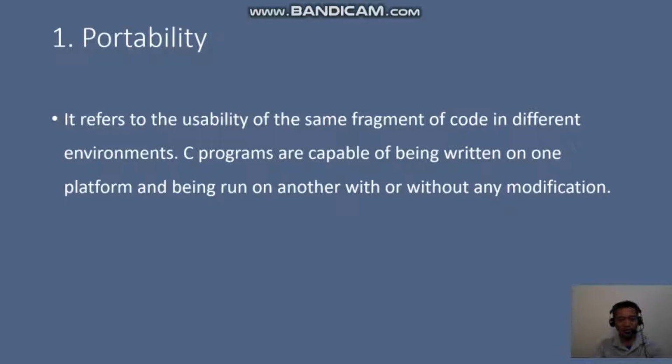It refers to the usability of the same fragment of code in different environments. C programs are capable of being written on one platform and being run on another with or without any modifications. So with the use of another platform, you can still use the original version of codes from the C. So that's portability.